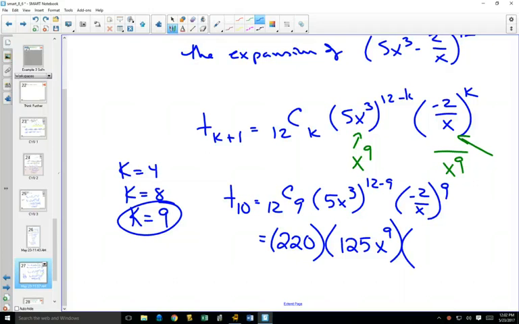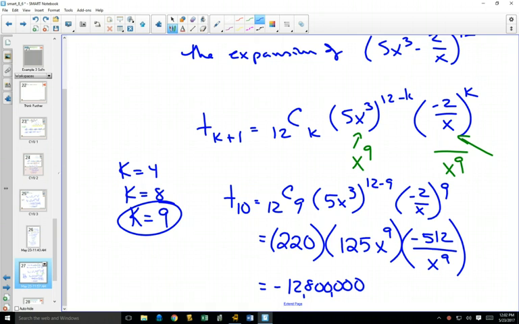Negative 2 to the power of 9 is negative 512. And if we multiply all those numbers in front together, we get 12,800,000. And our x's all cancel out, so we found the constant term.